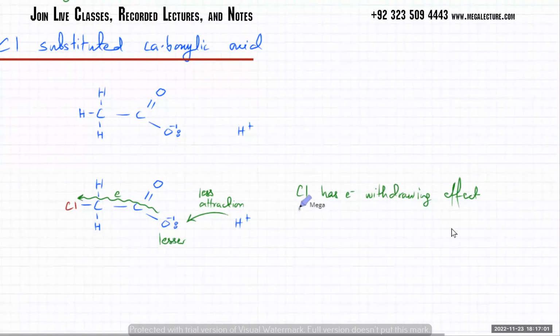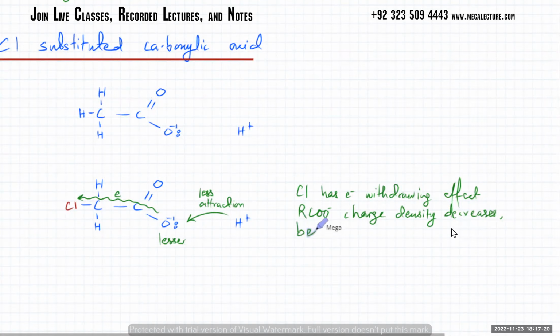So for that ion, the COO -1 ion, that charge density decreases, it becomes more stable.